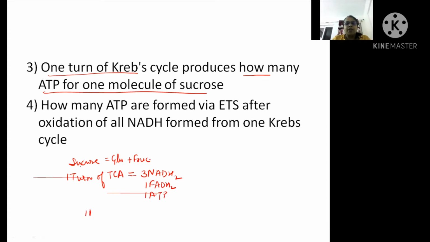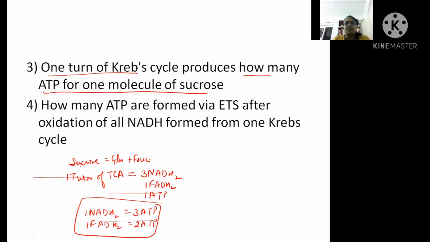Okay, beta? One NADH gives rise to 3 ATP after ETS, and one FADH gives rise to 2 ATP.